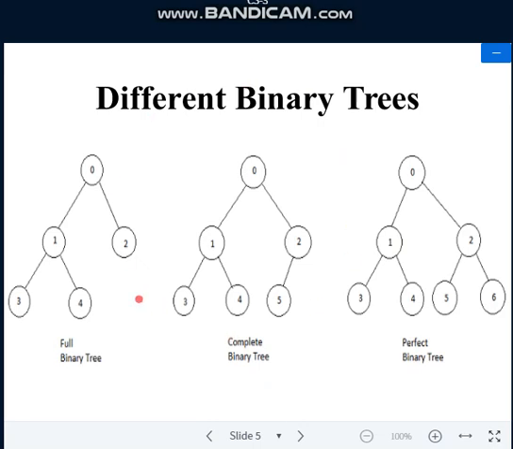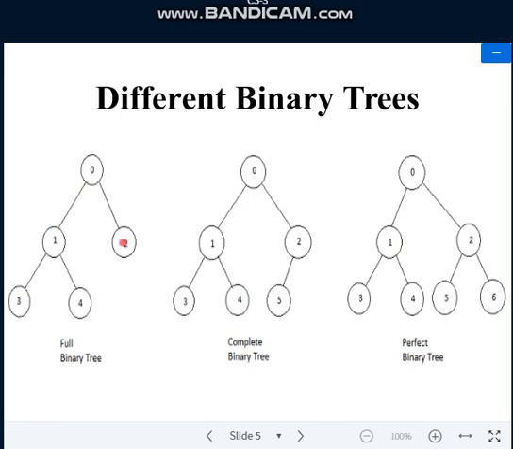Look into the binary trees here. This is a full binary tree, a complete binary tree, and a perfect binary tree. A full binary tree, we call it that if all the levels are complete. So what do you mean by level? The number of children the root node has. Look at this. The root node is 0 here. How many children does it have?